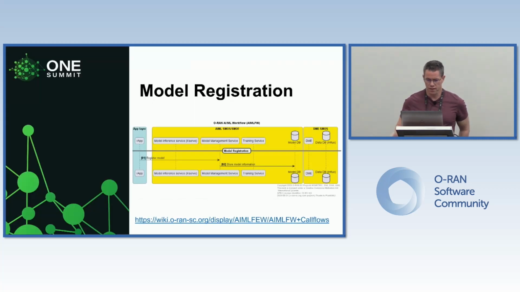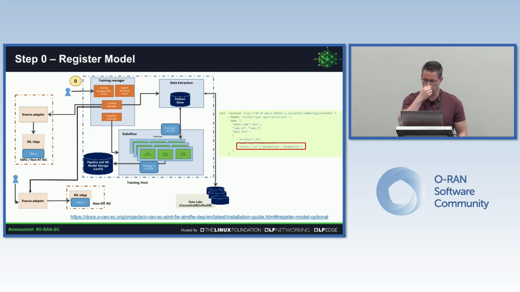So the first thing is to register the model. Once this framework is in place, and we have all the components, we start working through this particular process. The first actor, which is the rApp, is going to request the registration of the model, and that's going to start storing information in the model DB. The first thing is a cURL request, or a REST API call.